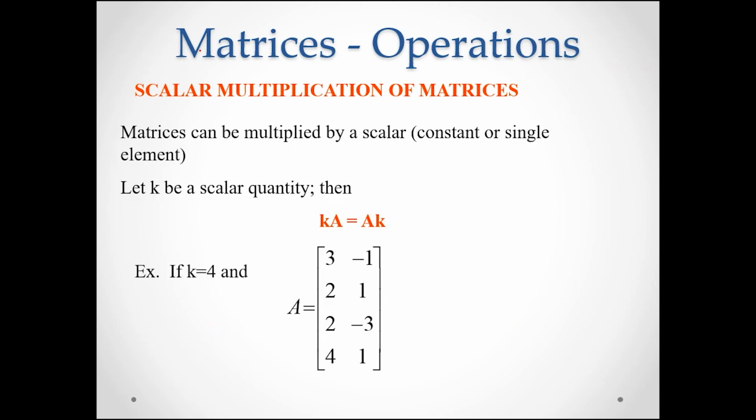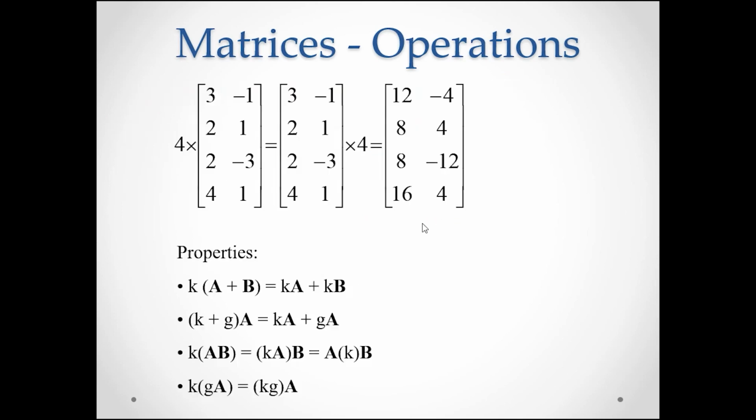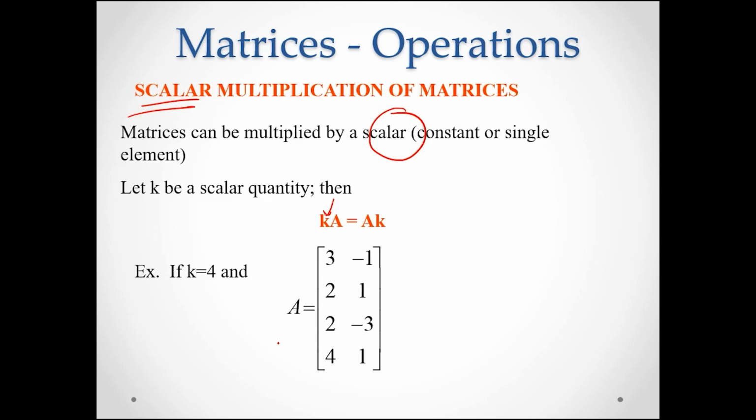Right? Okay. Now what exactly is scalar multiplication? The matrices can be multiplied by a scalar. Now this can be a constant number, a single number, and when I multiply with it, it means I am multiplying every entry with that particular number. Just as we had minus 1 multiplied with everything, similarly we can have any number. Let's say I have A as 3, minus 1, 2, 1, and so on, and k is 4.